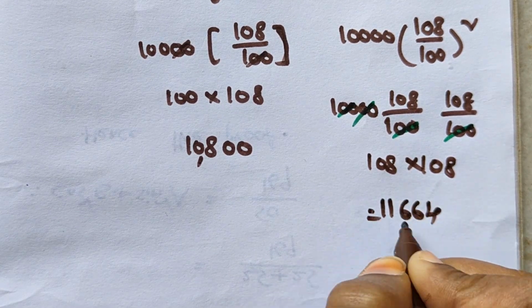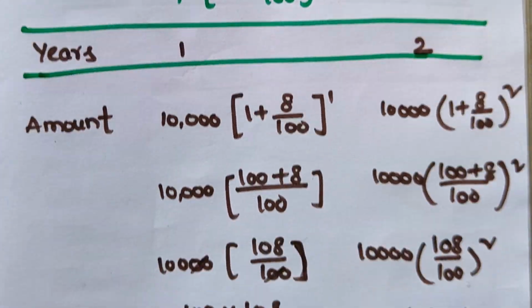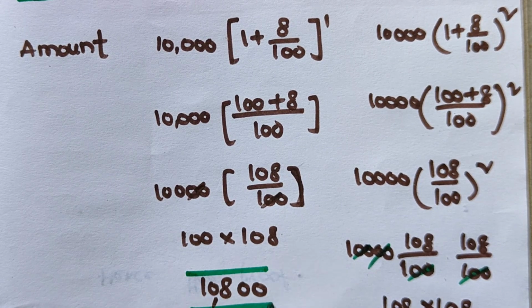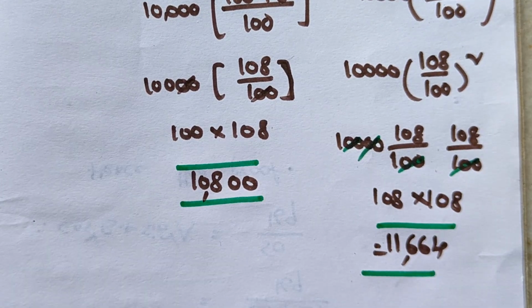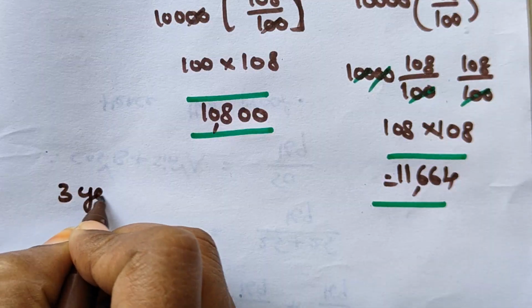The first year amount is 10,800 and second year amount is 11,664. And also we have the third year.